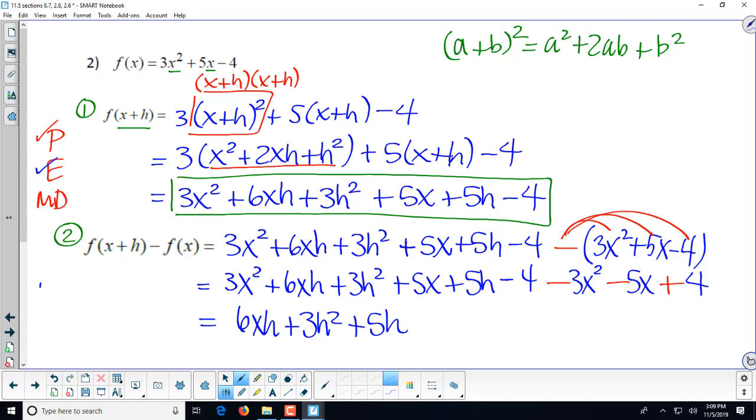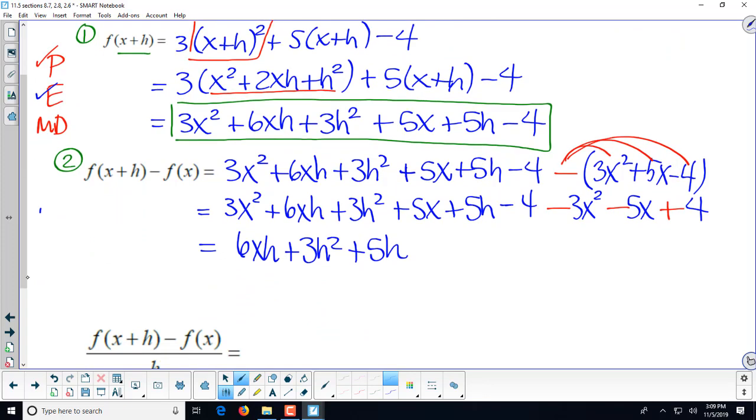Yeah, that's next step. It's a lot. So this is what the top, if you had the quotient, that's what your top would simplify to. Okay? We good? Did I mess up?